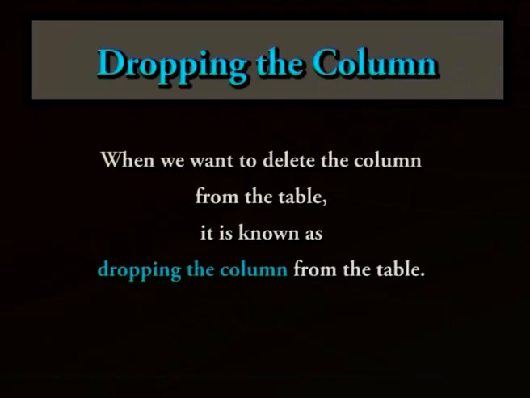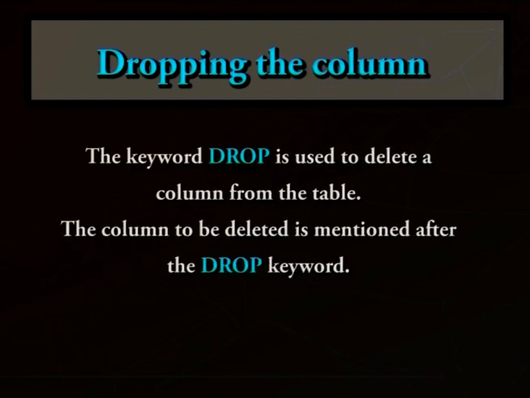Then next is to delete a column from the table. When we want to delete a column from the table, it is known as dropping the column from the table. So, the keyword drop is used to delete a column from the table.